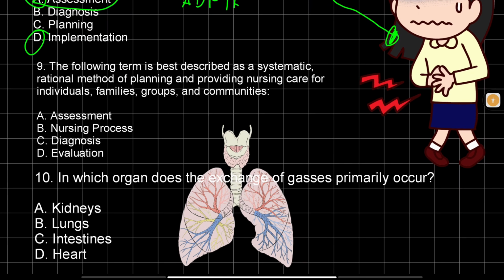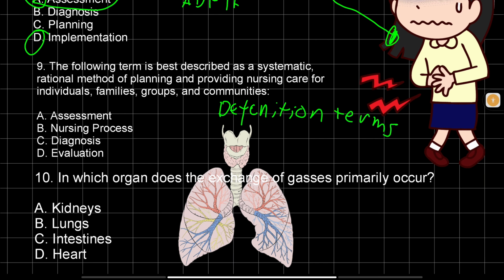Okay, board exam type of question number 9. The following term is best described as a systematic, rational method of planning and providing nursing care for individuals, families, groups, and communities. It's a definition of terms type of question.